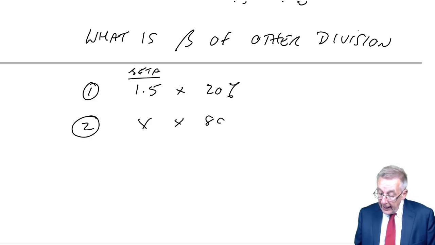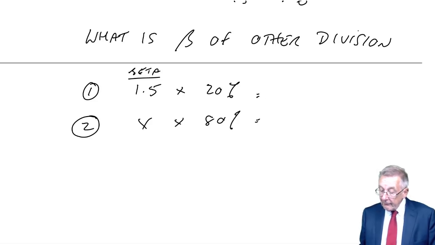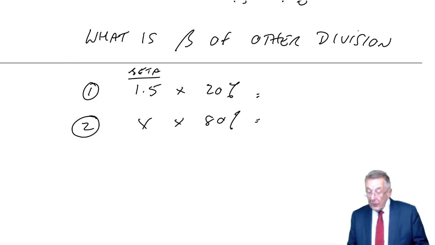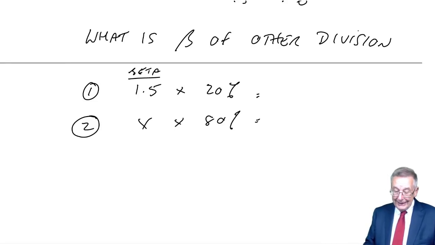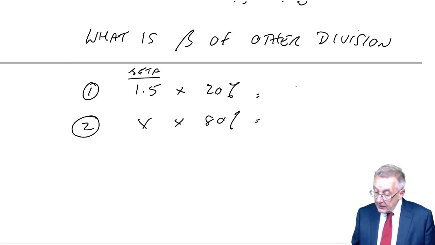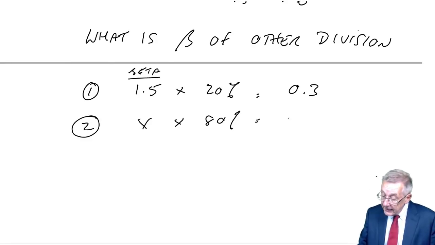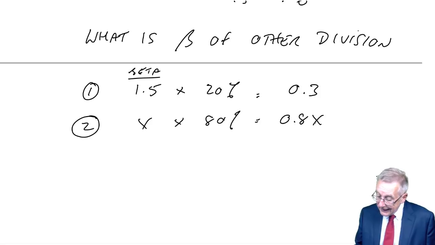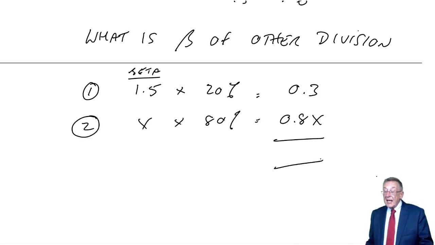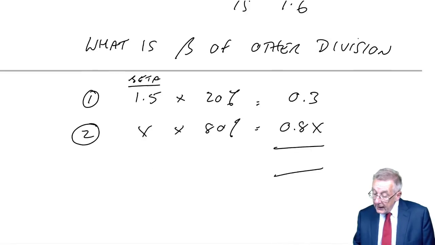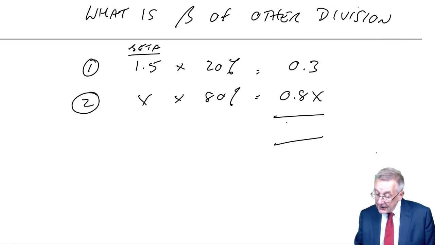Second division, therefore, 80%. Well, 1.5 times 20%, 20% of 1.5 is 0.3. 80% of X is 0.8 times X. Add them together. The total, well, we know what the overall beta is. It's 1.6.